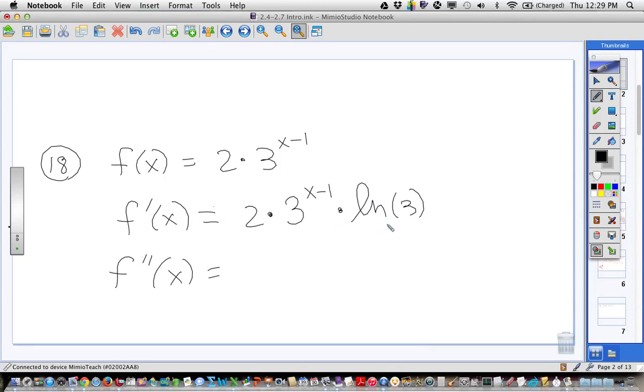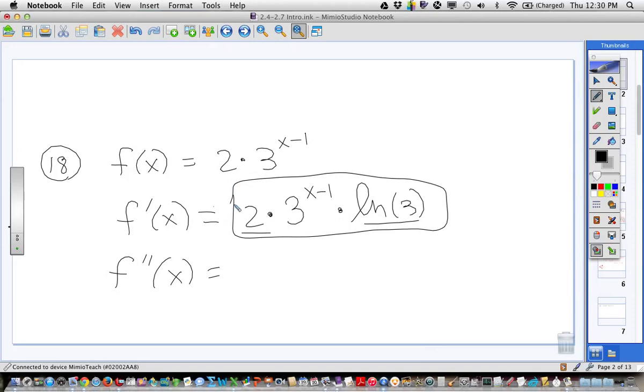So we have to recognize that ln 3 is just a number and 2 is just a number, and they're multiplied times the function. It's perfectly fine to leave your answer like this, but what you'll find is it's often helpful to rearrange it if you're going to use it more later. If all you're going to do is number 18 and give your answer, then just leave it like that.